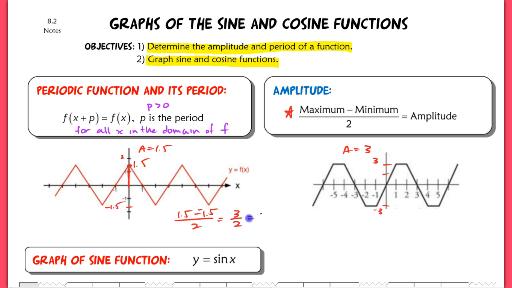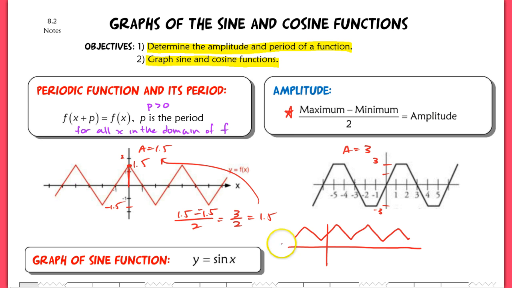So 3 divided by 2 is 1.5. So our amplitude does match by using this equation, or by looking at where it's centered and then taking the max value. If it's not centered, in other words, if the graph was like this, not centered about the x-axis, then you must use this equation.